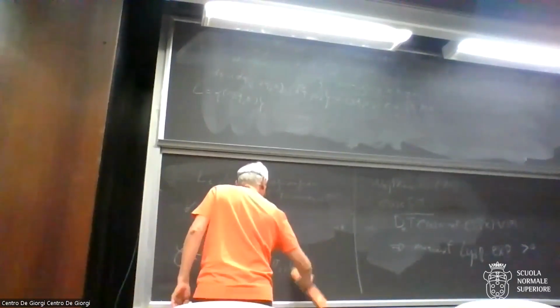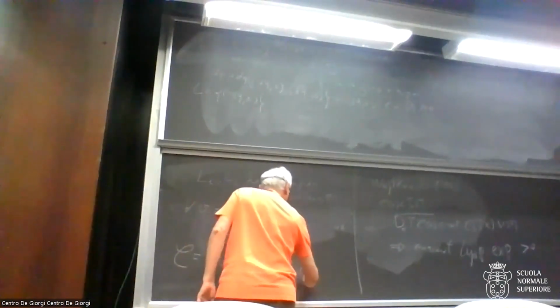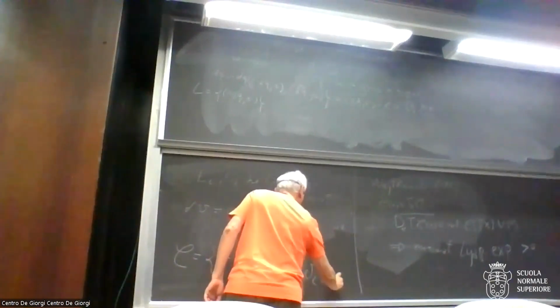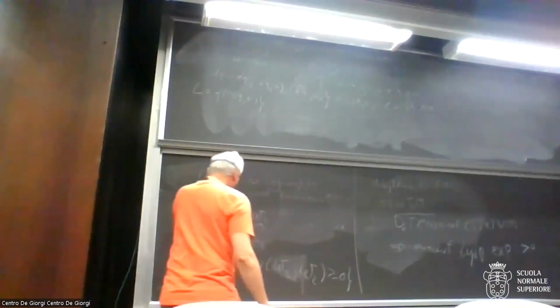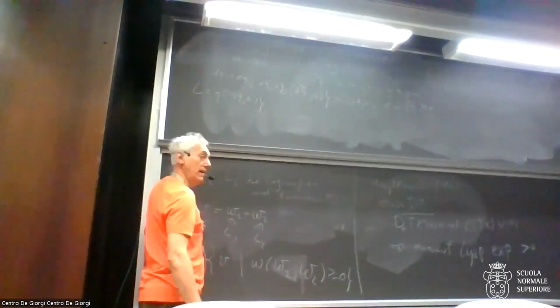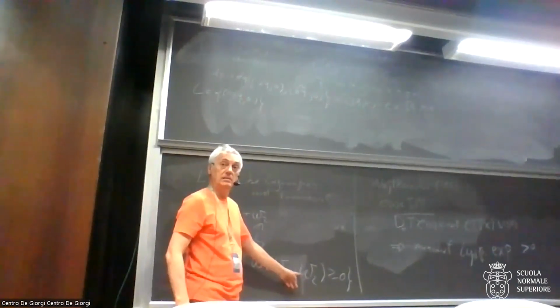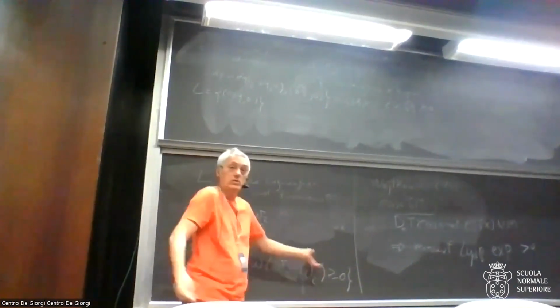Oh, sorry. This is a cone. Why is it a cone? Because if I multiply the vector by lambda, this gets multiplied by lambda square. And so if it is positive, it's still positive.